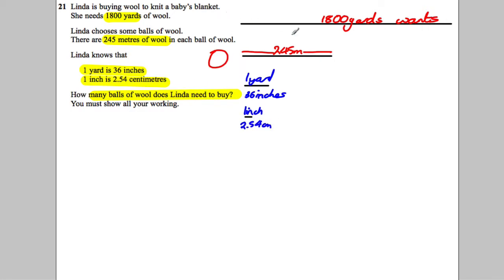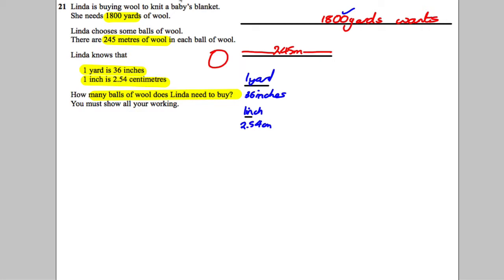So the question is, we need to convert this number of yards into meters, so we could divide it by 245 to see how many balls of wool we would need.